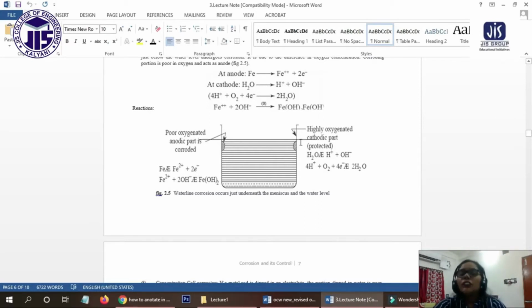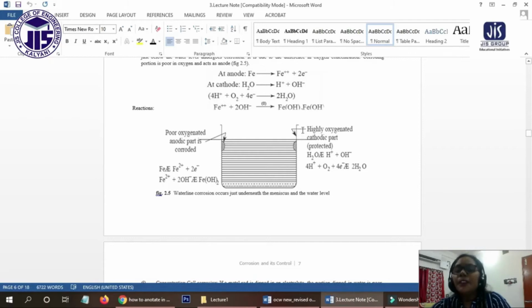Why? Because look here, some of the metal surface is open to air, and some of the metal surface is below the water layer, right? The layer below the water level has a lower amount of oxygen, and the metal surface which is open to air has a higher amount of oxygen.